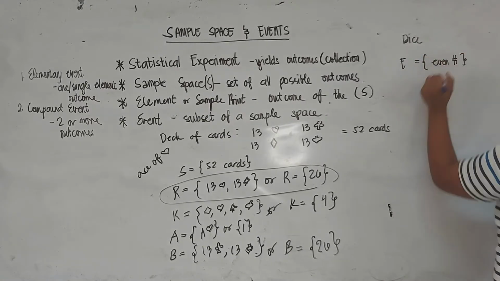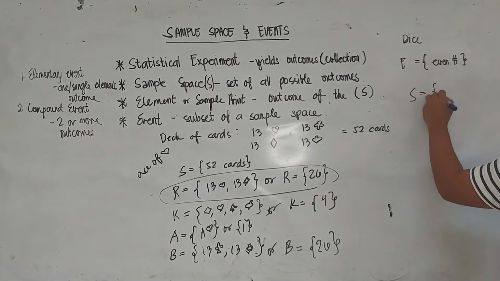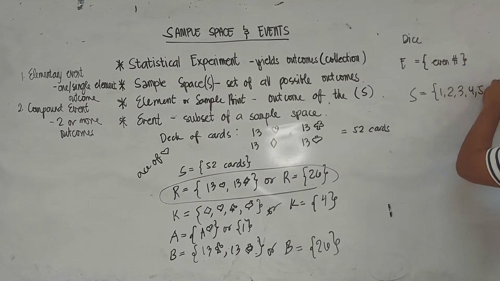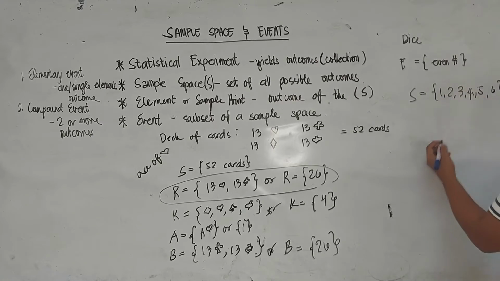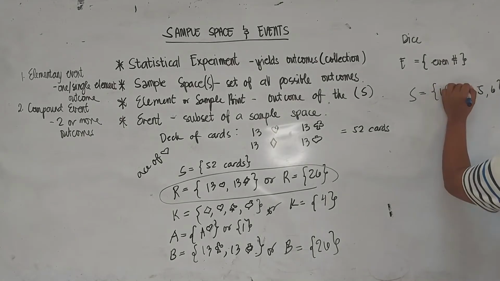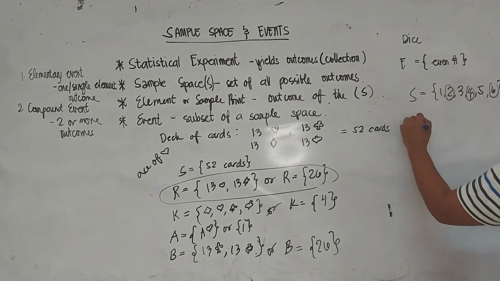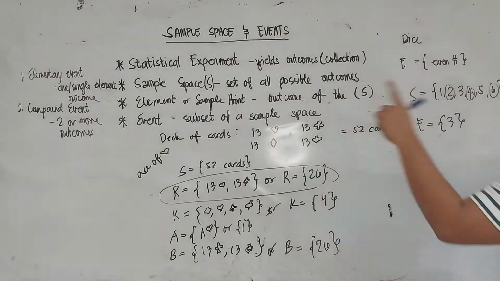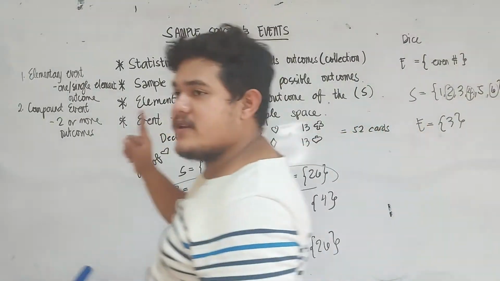The sample space of a dice is 1, 2, 3, 4, 5, and 6. So what is the probability of getting an even number? We have 2, 4, and 6. So our E equals 3. This is an example of a compound event, not only one single element.